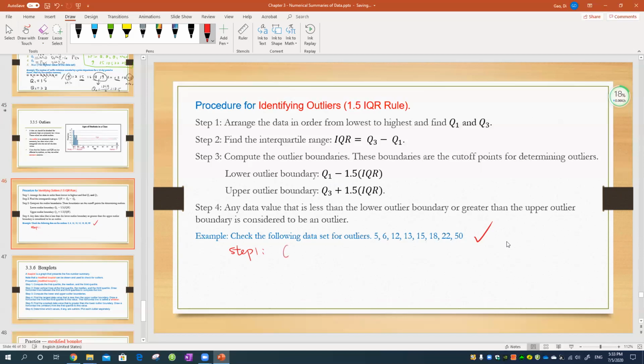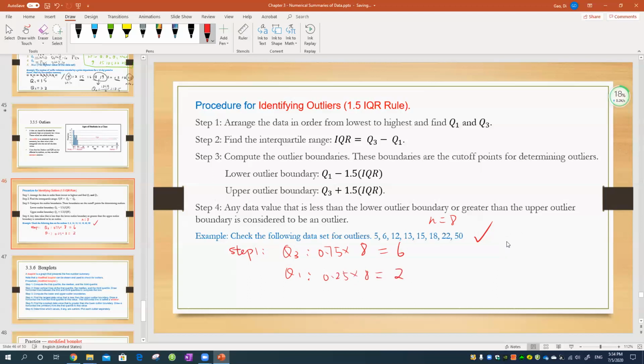So for Q3 and Q1, we're gonna look at the position first. Q3, 75th percentile, so we use 0.75 times n. For this data set, we have n equals 8. So 0.75 times 8, which is 6. And then for Q1, we have 0.25 times 8, which is 2.